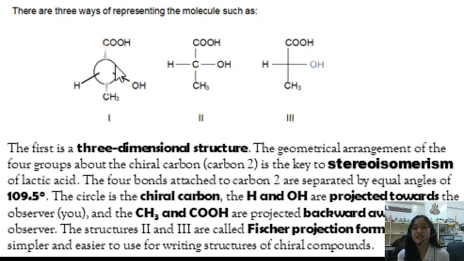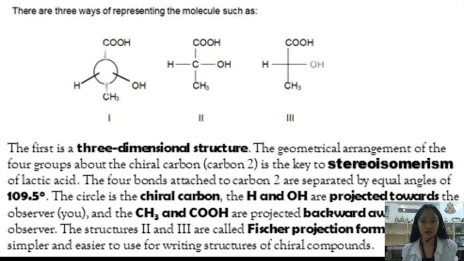Hindi siya exact 90 degrees. Baka you will assume, seeing these types of structural arrangements, that the four are separated by 90 degrees. Hindi yan siya 90 degrees. It is 109.5 degrees.